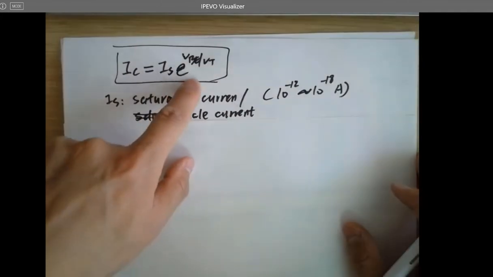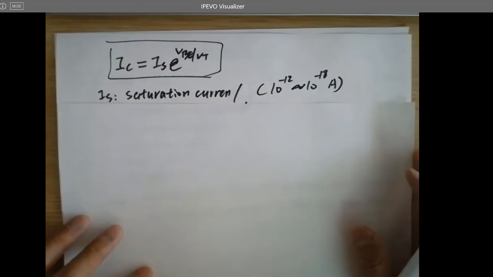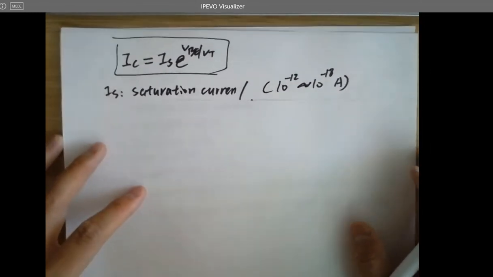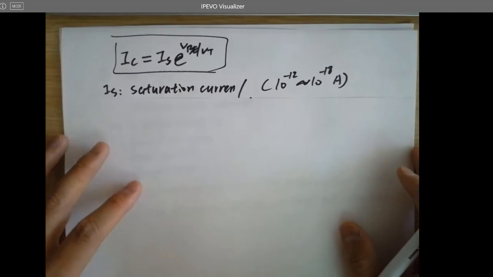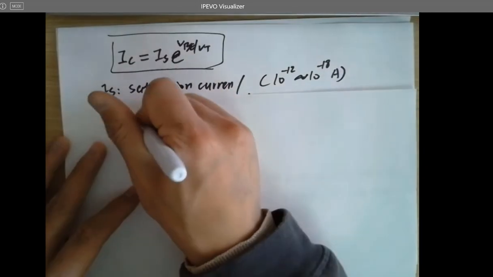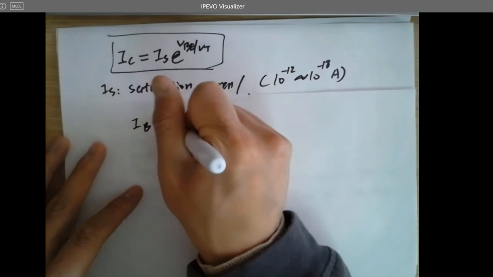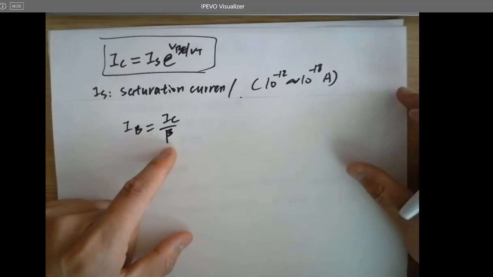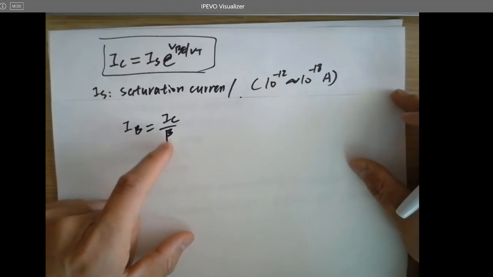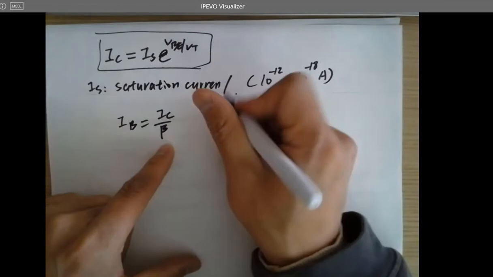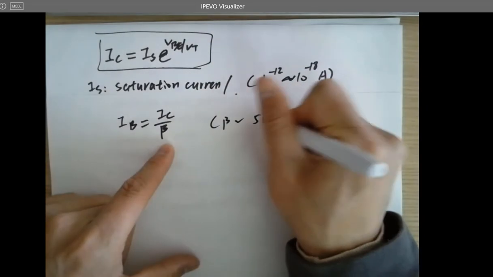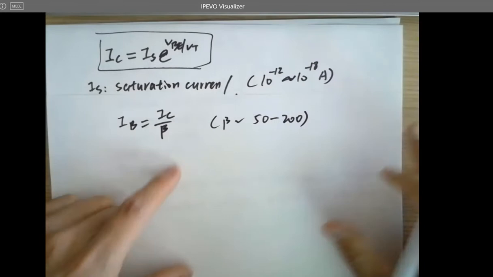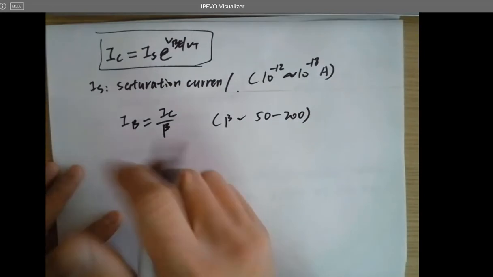So the IC equals this, and when the NPN is being operated in the active mode, then IB equals IC over beta, and beta is given. You normally can find the value for beta on the data sheet for the NPN. If you buy an NPN transistor, an individual component, you can find the beta value on the data sheet. So beta is normally 50 to 200. It's the current gain.